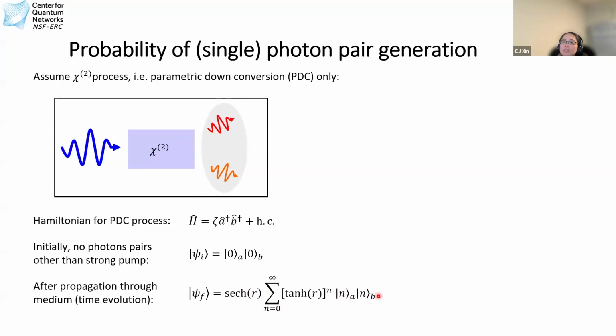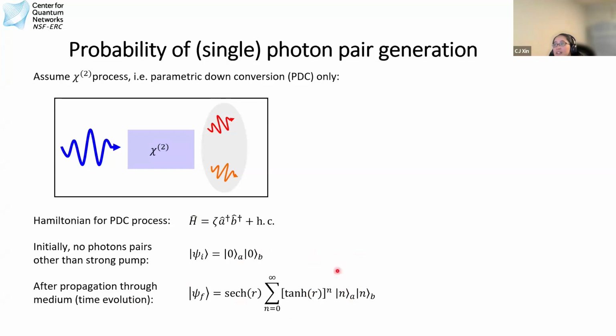What this says is that in the final state, if you measure how many photons there are, you will always find the same number of photons in each mode. And it turns out that it is not just putting out single photon pairs, it's actually putting out from 0 all the way to infinity.